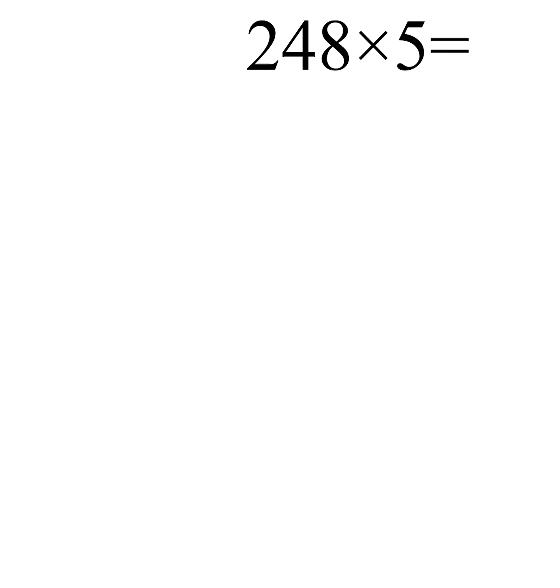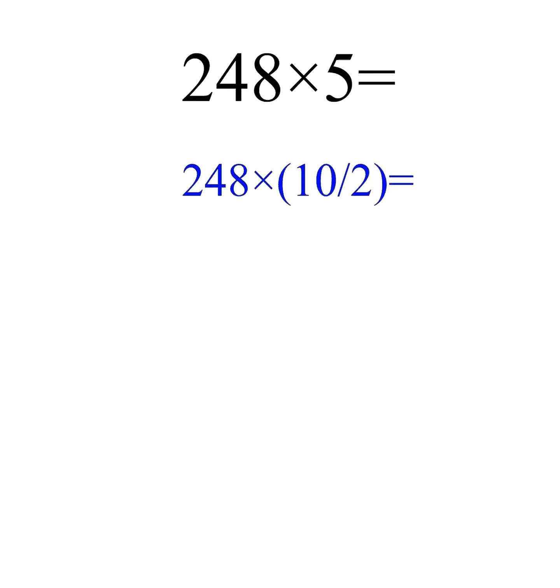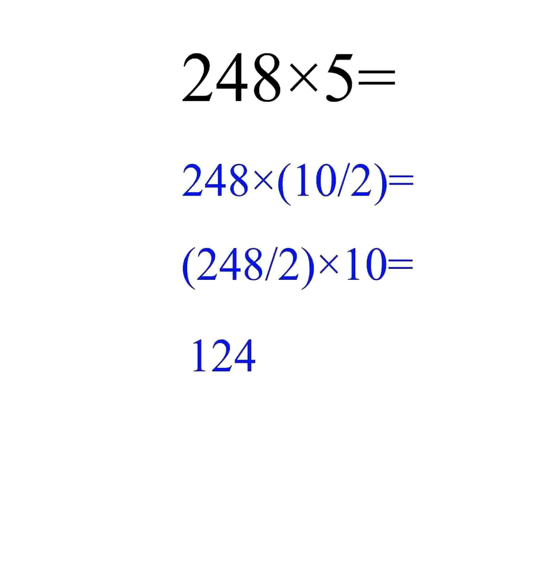Okay, and as this is a product, we could divide 248 by 2 instead of dividing 10 by 2. So all we need to do is divide 248 by 2, which would be 124, then put a 0 in front of it.